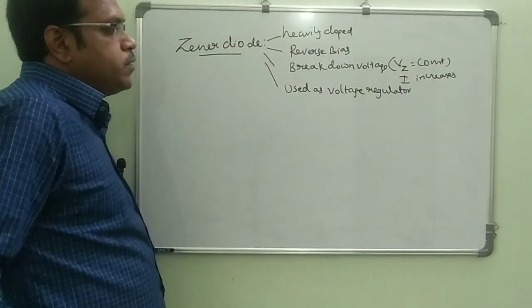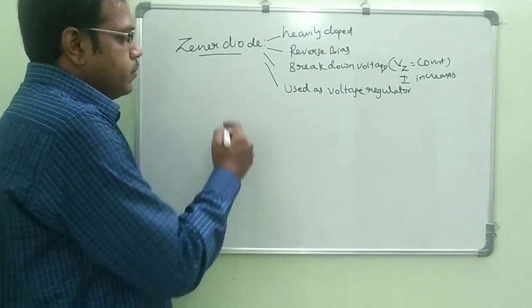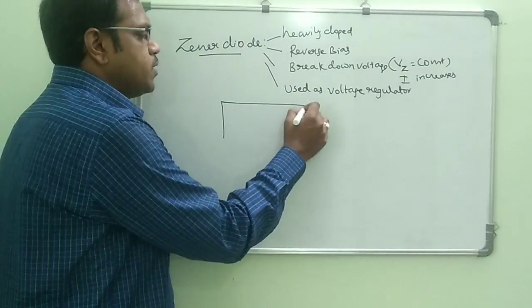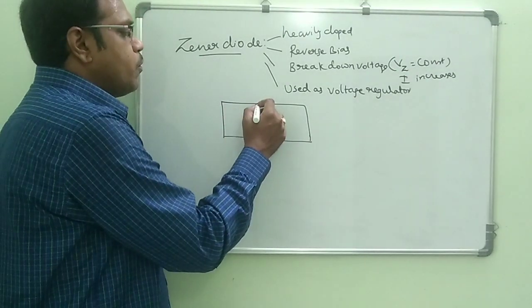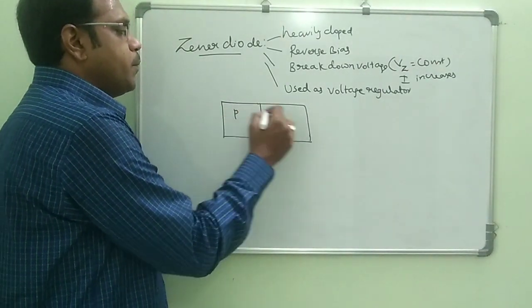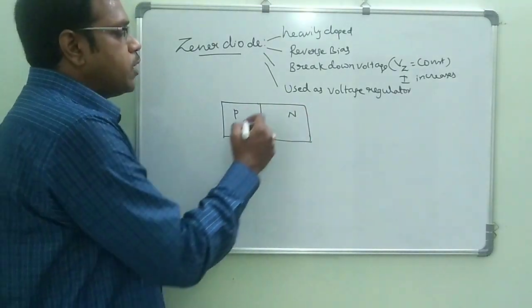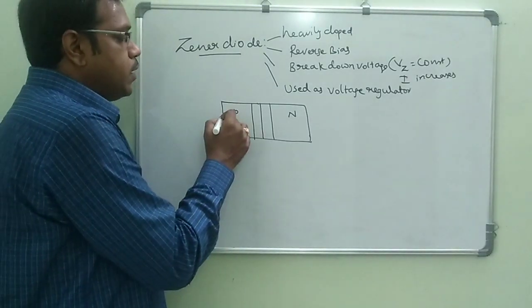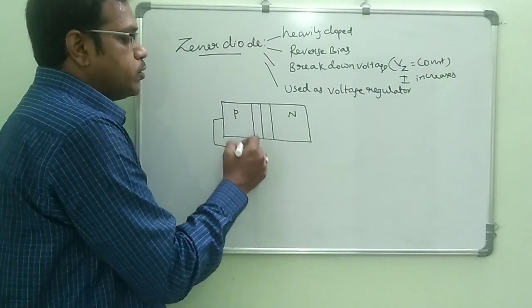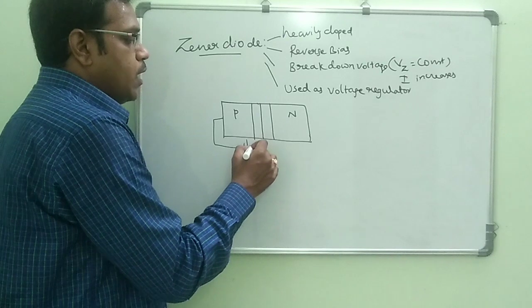So this Zener diode I am taking is a normal PN junction diode. On one side I give P and on the other N, so you will get one depletion region, and I give positive on this side. I want to give reverse bias.